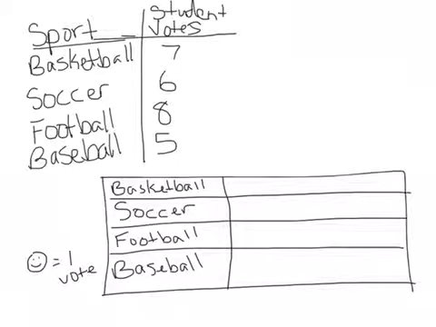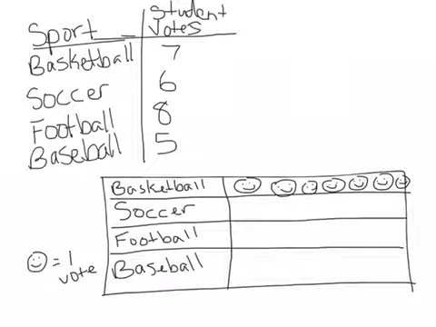So for basketball, 7 students chose basketball. So how many smiley faces do I need to draw in my basketball row? If you said 7, you are correct. So we're going to draw 7 smiley faces. And I'm going to have to draw kind of small to make sure they all fit.